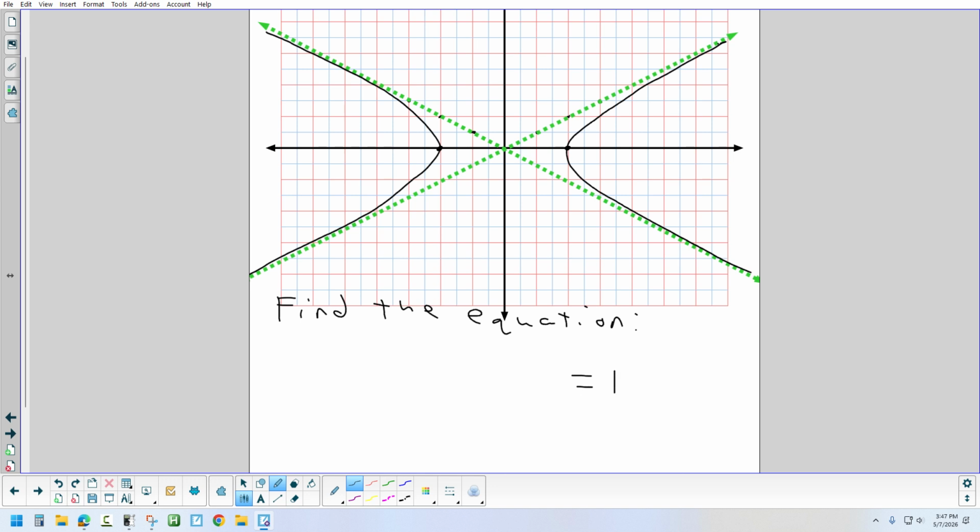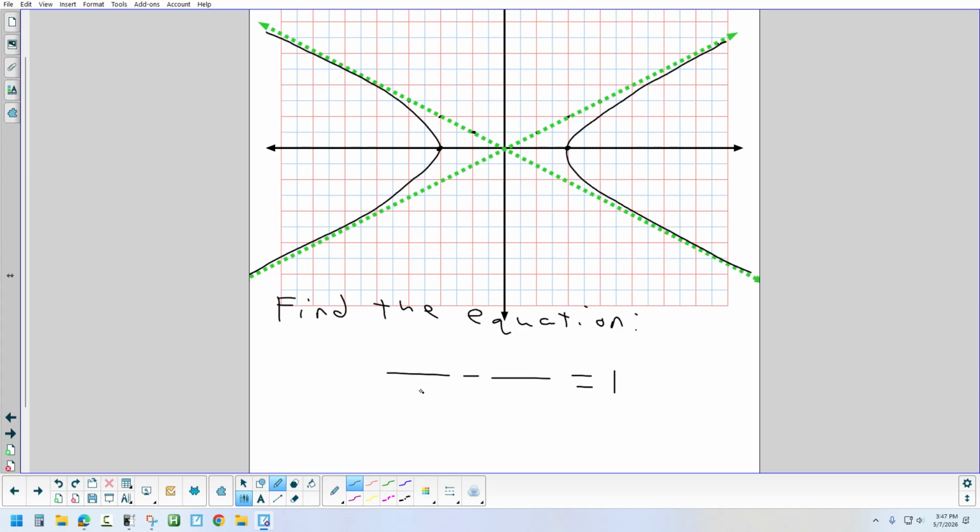And what do we know about the other side? We always have 2 fractions. And we know something else that happens with the 2 fractions. We subtract them. What's always your first denominator? A squared.